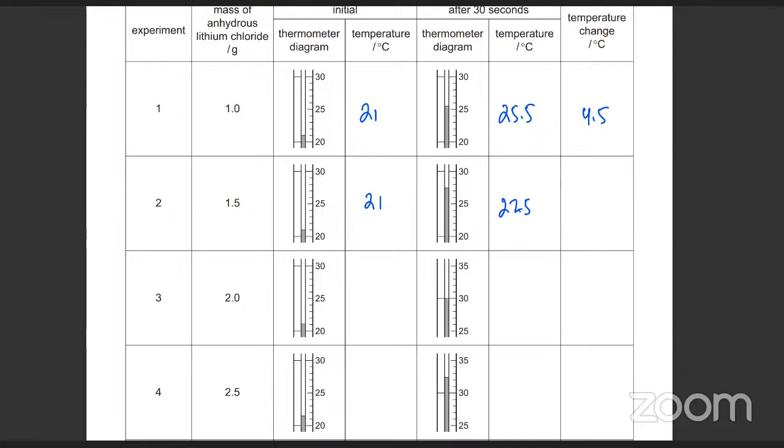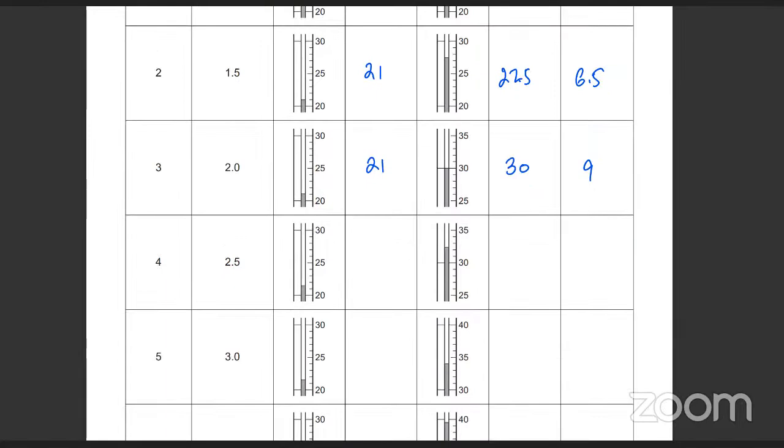So what will the temperature change be? 6.5. Next, 21, and then 30. So that's 9. Pick quickly. What is this? 21.5 now, and you get 32.5. So what's the change? 11.